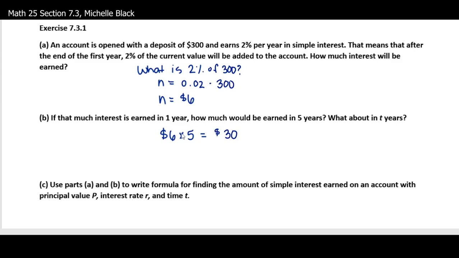Okay, well, when it was 5 years, I just multiplied the amount by 5. So if it was T years, I would just multiply the amount by T for whatever T may be. So T may be 10 years. So if it was 10, I'd change T into 10 and I would have $60. If T was 7, I'd change T to 7 and I'd multiply and have $42 and so on.